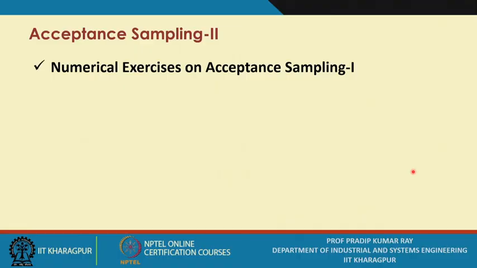So during this particular session on acceptance sampling, I will be discussing a few typical numerical exercises specifically on acceptance sampling. And as you know, there are two main types of acceptance sampling. One is attribute sampling and the second one is variable sampling.